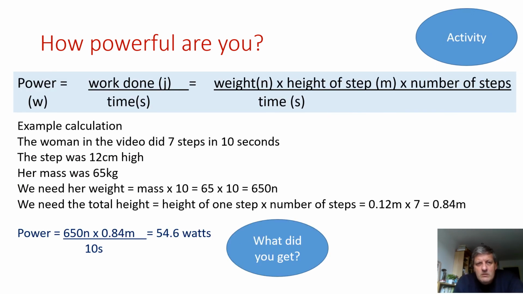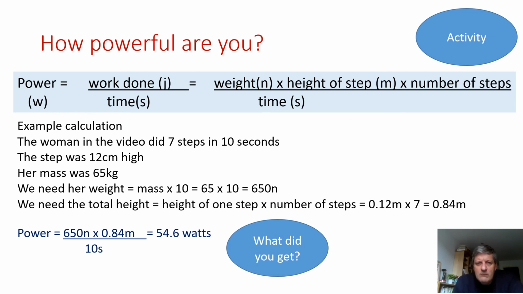So to give you an example, the woman in the video did 7 steps in 10 seconds. The step was 12 centimeters high. Her mass was 65 kilograms. So putting all that together, her weight is 65 times 10, so 650 newtons. Her total height was the number of steps that she did, which was 7 multiplied by the height of one step, 0.12.